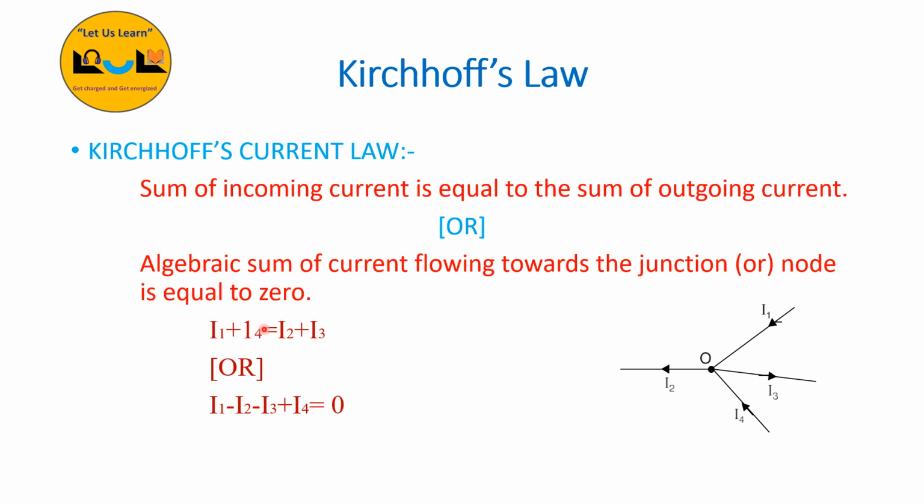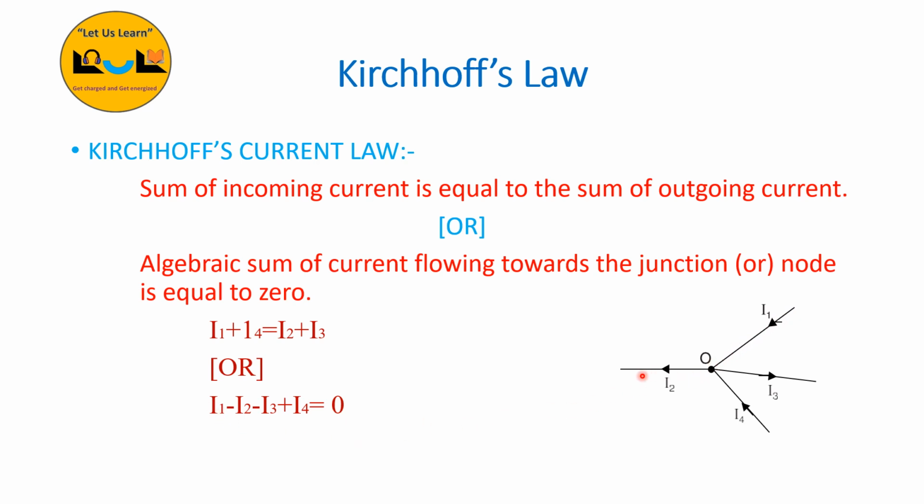Sum of incoming current is equal to the sum of outgoing current. Or else, according to this statement, the algebraic sum of current flowing towards a junction or node is equal to 0. Algebraic sum means I consider incoming current as positive and outgoing current as negative. So I1 is incoming, plus I1.